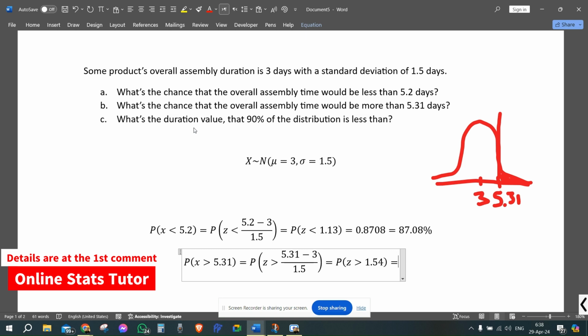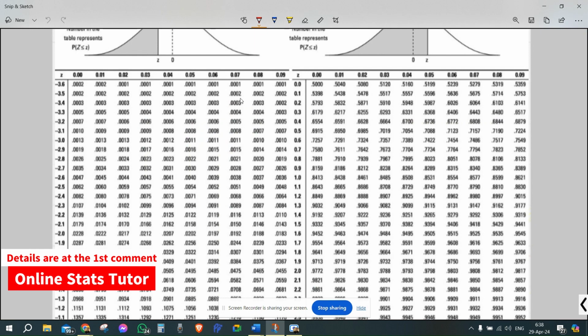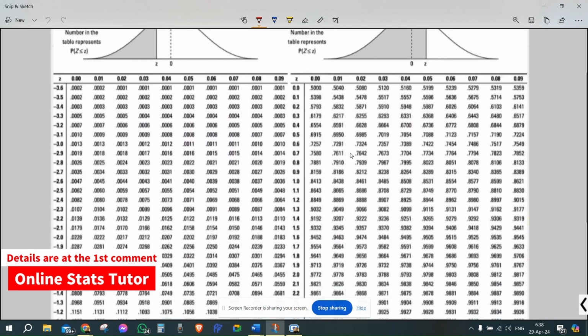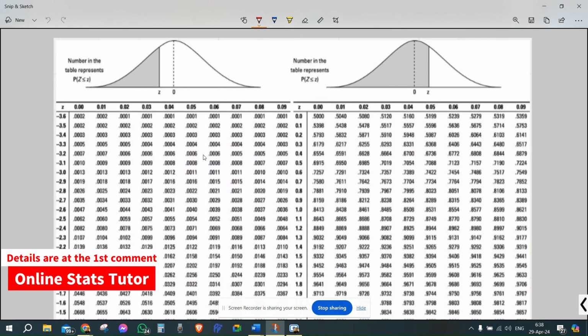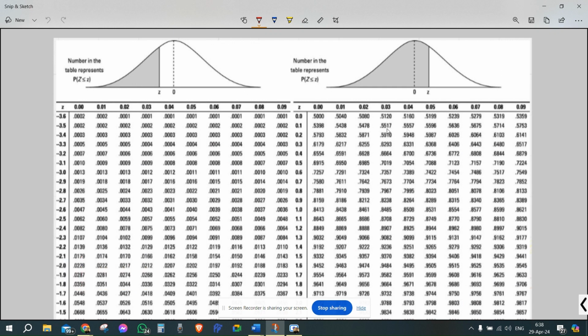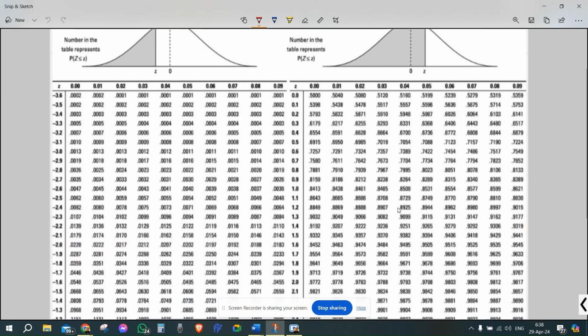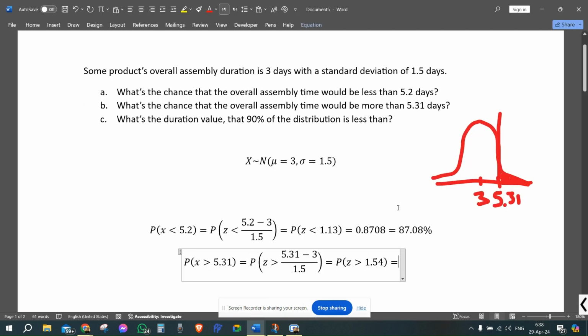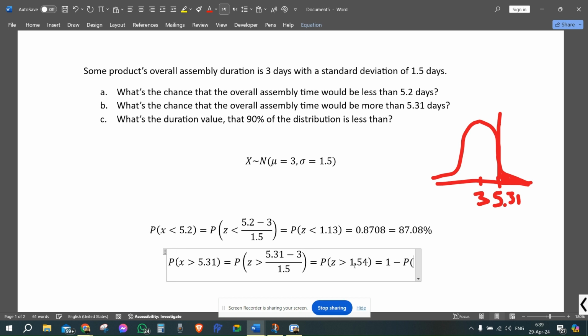And usually there are several kinds of tables, but usually when we're using this z-score table, which covers both the less than 50% and the greater than 50%, we're looking for the probability to be greater than z equals 1.54, and we know that we're expecting the probability to be 1 minus the probability of z to be less than 1.54.